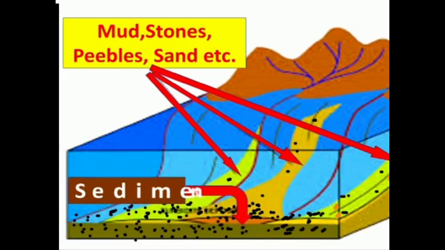As time passes, more sediments build up which press down lower layers. The continuous pressure upon the lower layers hardens them into rocks. Such rocks are called sedimentary rocks.